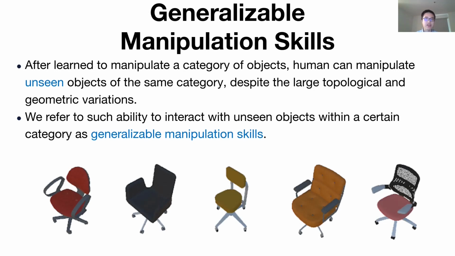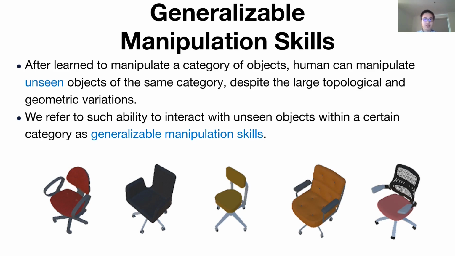If we think about how humans learn to manipulate, we find that a remarkable feature of human manipulation is generalization. Once we have learned to manipulate a category of objects, we will be able to manipulate even unseen objects of the same category, despite the topological and geometric variations. Let's take swivel chairs as an example.